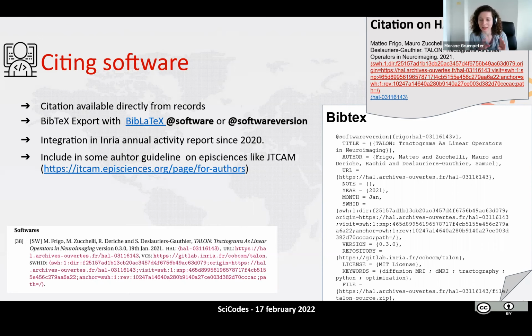But for now, they are using, as Daniel said, the software type, which is good, but the specification doesn't have a version property. So this is why it's better to use software version when we are citing a version of the software.